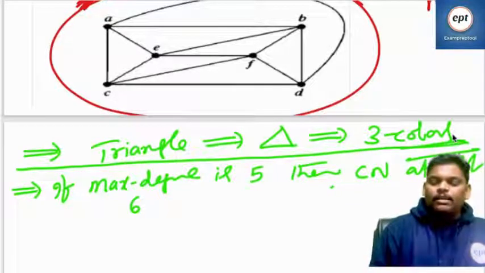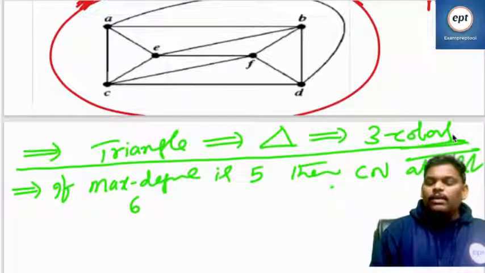Triangle, 3 colors required. At most 6. I am not saying exactly 6. If maximum degree is 5, then chromatic number is at most 6.